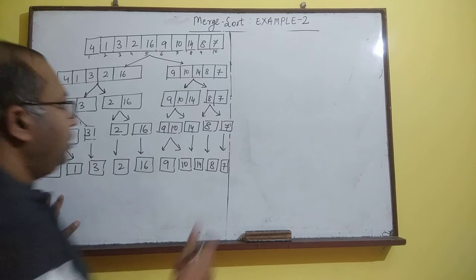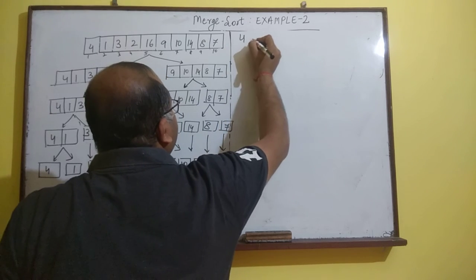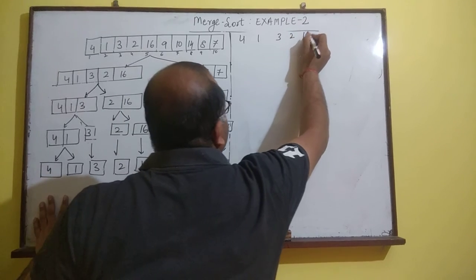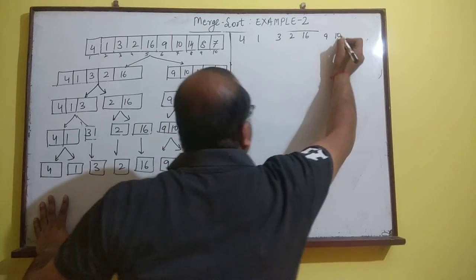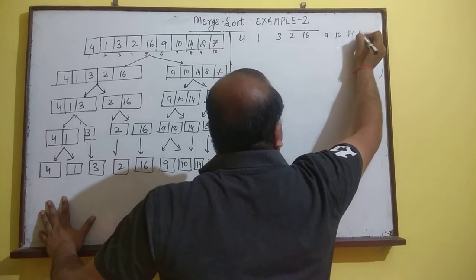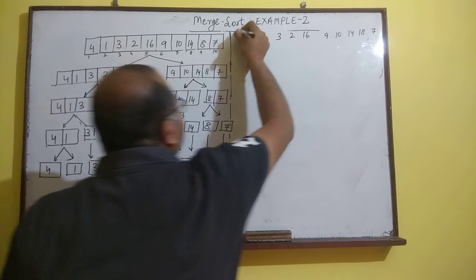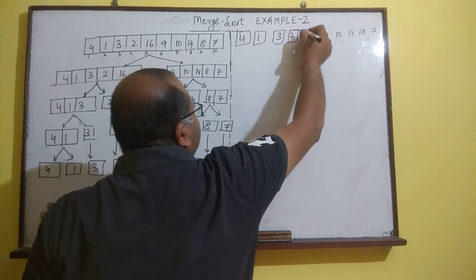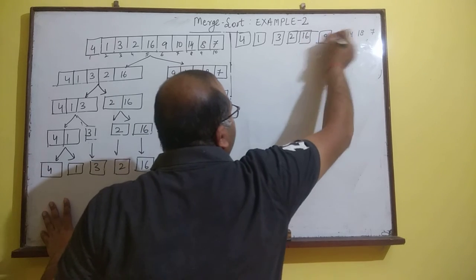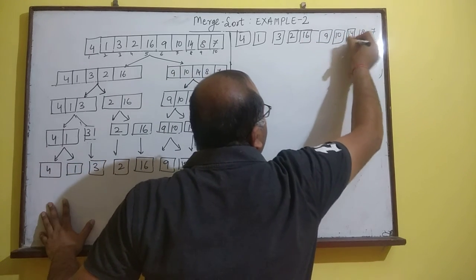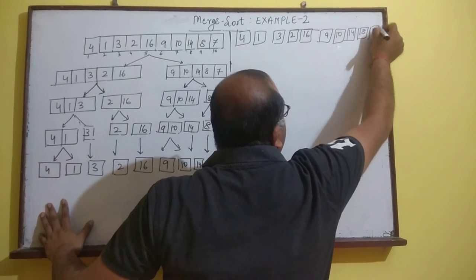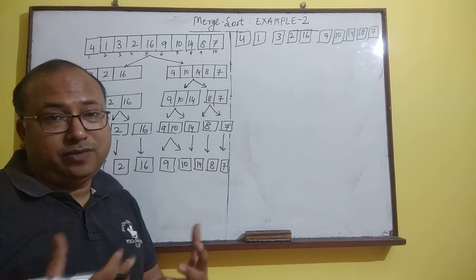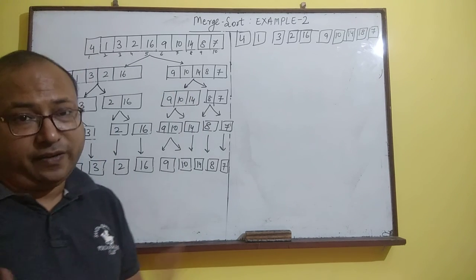So for this, I need to write it again: 4, 1, 3, 2, 16, 9, 10, 14, 8, 7. Always remember, whenever you are combining, the two arrays will combine in the same order in which they were divided.